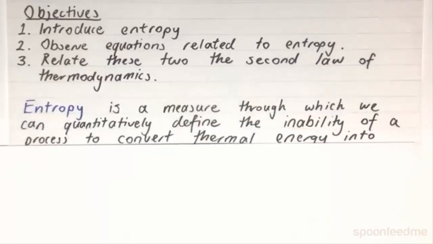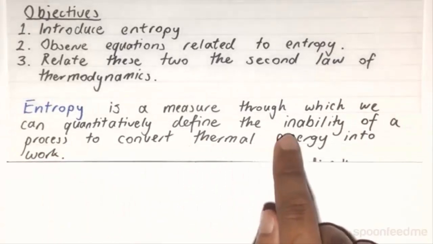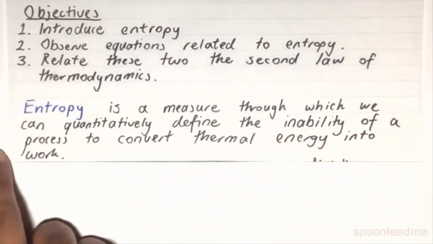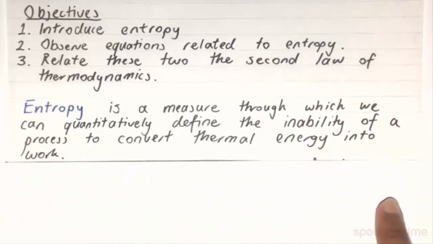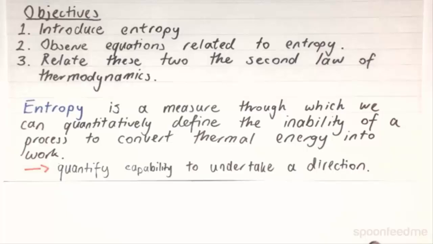On a basic level, and one that is adequate for the scope of these videos, entropy is seen as a measure through which we can quantitatively define the inability of a process to convert thermal energy into work. So if you look back at the second law of thermodynamics, entropy is a way of quantifying the capability of a process to go in a certain direction.